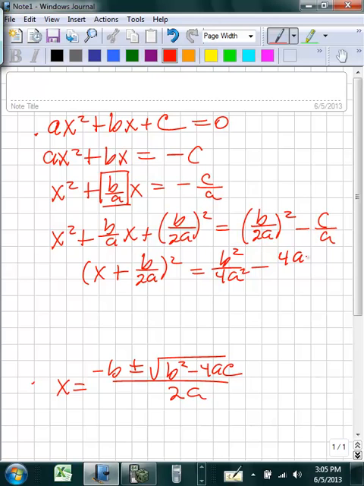So 4ac over 4a squared. Or in other words, b squared minus 4ac over 4a squared.